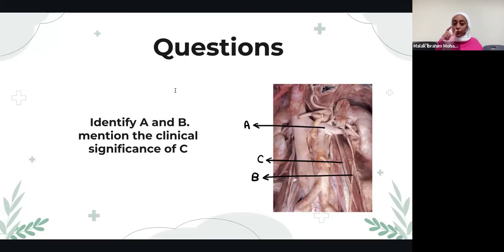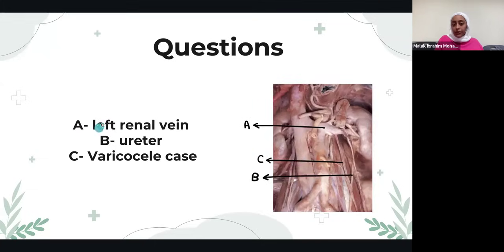They don't want what artery or vein it is. They want you to tell them the clinical significance. Okay, perfect. Everyone got it. So A is the left renal vein, B is the ureter, and C is the varicocele. Why? Because it's the left gonadal vein, and we said the left gonadal drains into the left renal vein, and then from the left renal vein into the inferior vena cava.